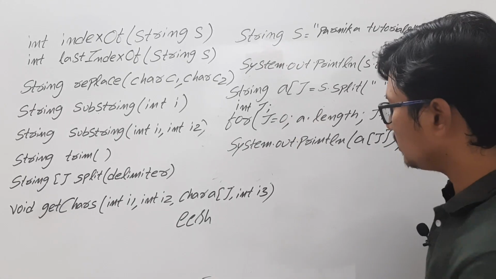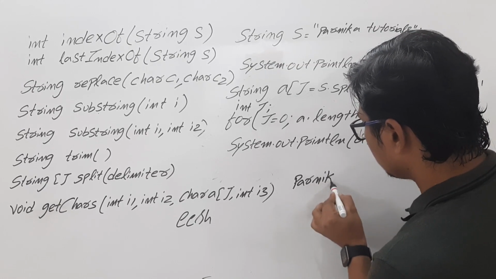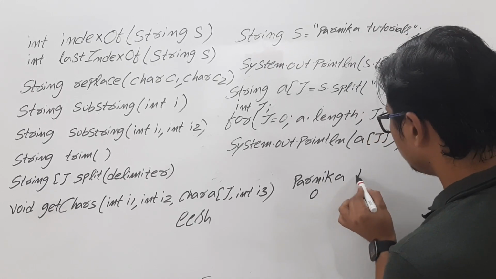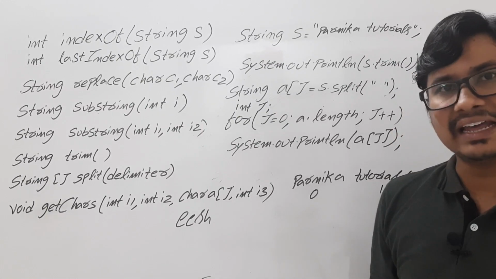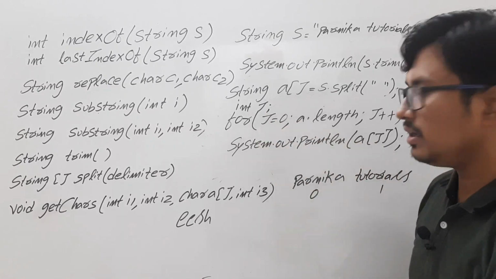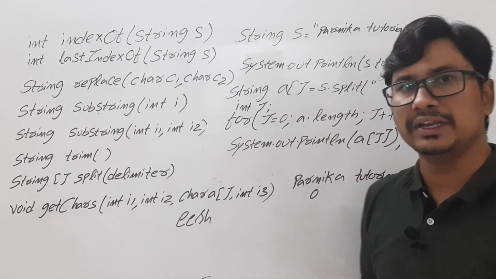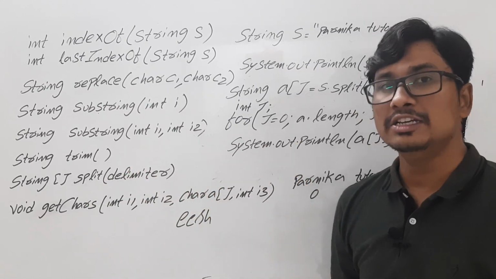After splitting, in the array a, Parnika will be at index 0 and tutorials will be at index 1, because it is an array now. So this will print Parnika first, and on the new line it will print tutorials. I hope you have understood the split method.